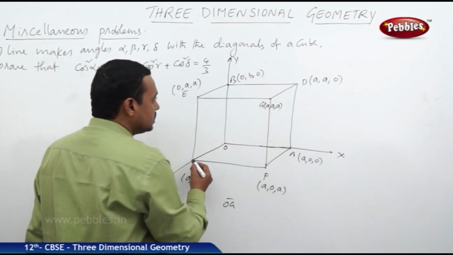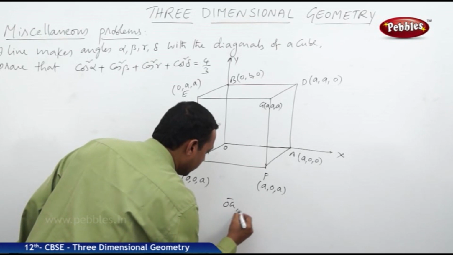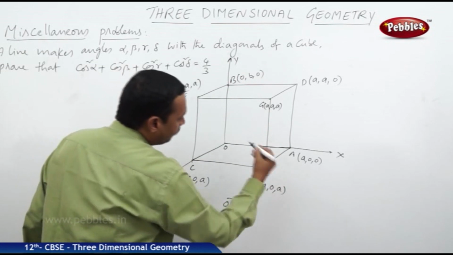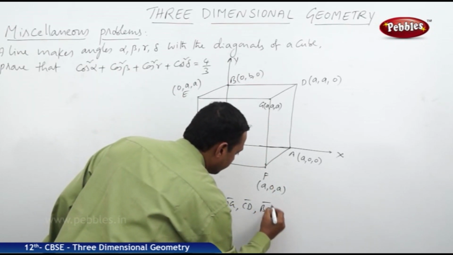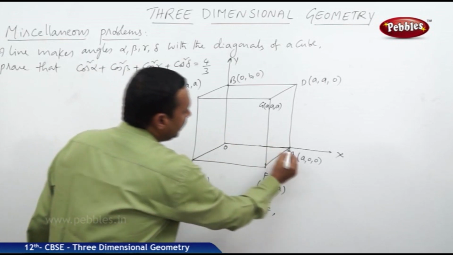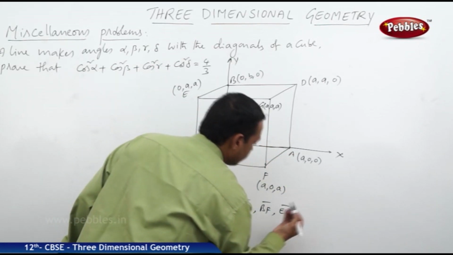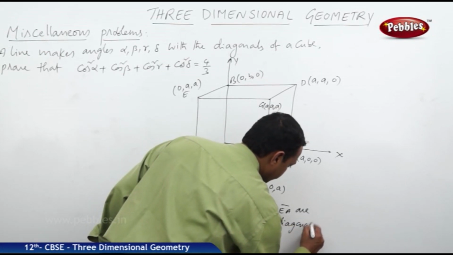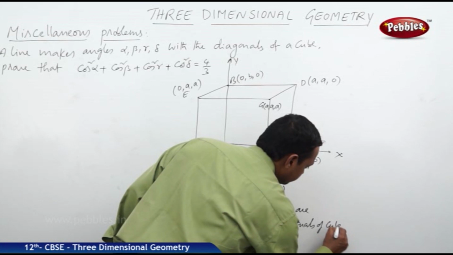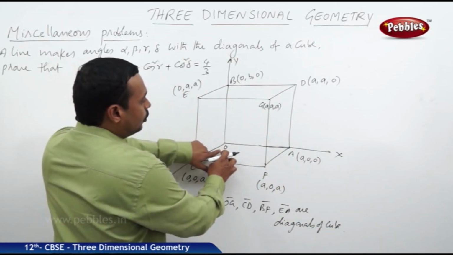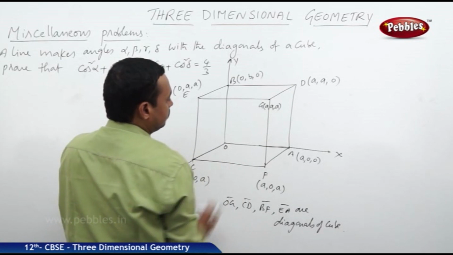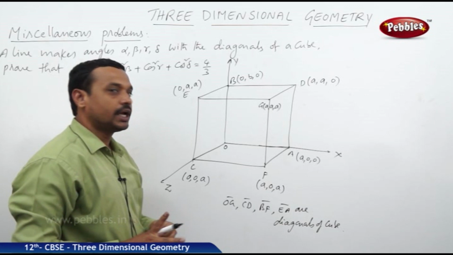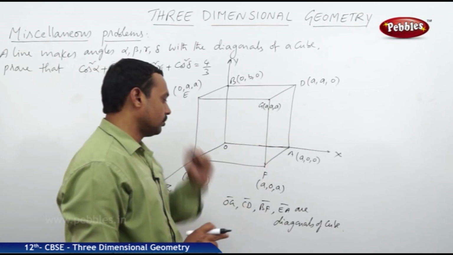CD is the second diagonal. BF is the third diagonal. EA is the fourth diagonal of the cube. So, OG, CD, BF, EA: we can define four diagonals in the cube.